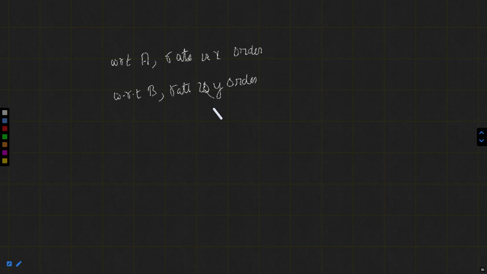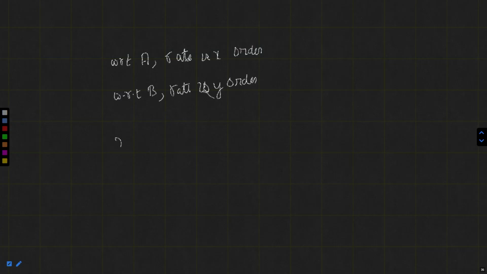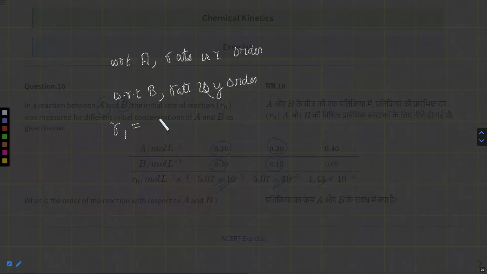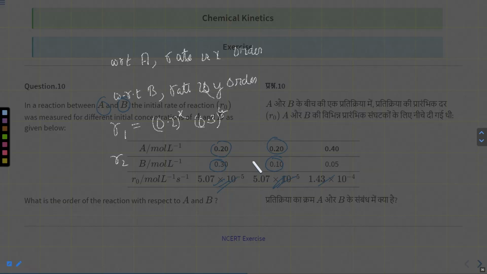Is it clear? Okay. Now, let us write the rate expression for the 3 cases. So first case, suppose I'm writing it as R1. A concentration is how much? 0.2 raised to the power X, and B concentration is 0.3 raised to the power Y. First case. Second case is 0.2 and 0.1.